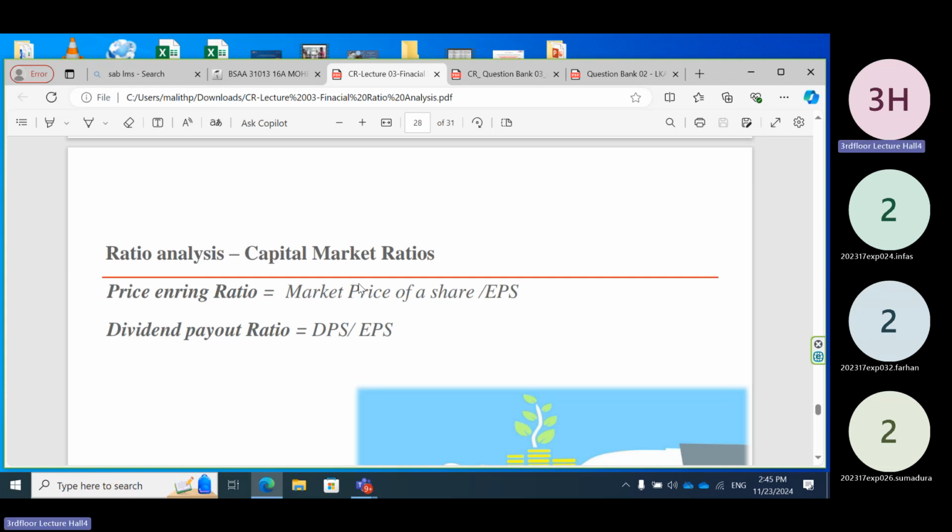It can be used for your business valuations. Price earning ratio reflects market value per share divided by EPS. Market value per share divided by EPS.